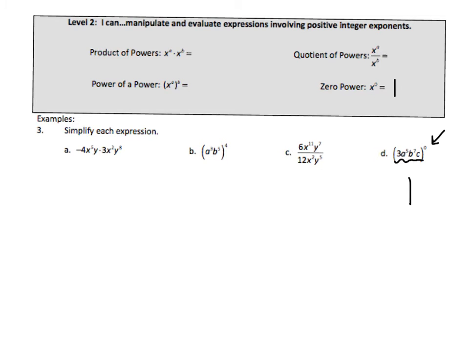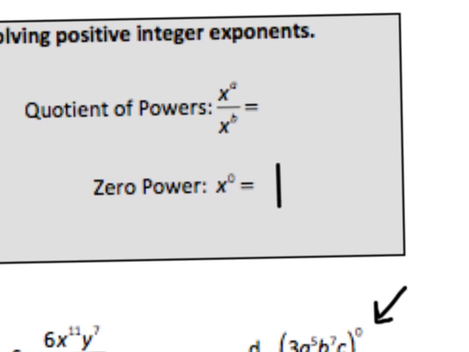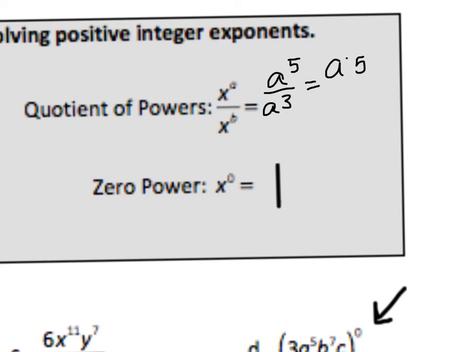Okay, now quotient of powers is where you're going to subtract the exponents, and I'll show you why. So in the quotient of powers, let's say you have an example of a to the 5th over a to the 3rd. We'll keep it small. Well, a to the 5th means a times a times a times a times a, 5 of them, and then I have 3 a's on the bottom.